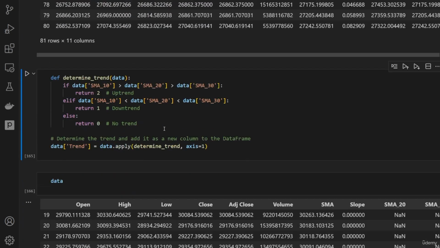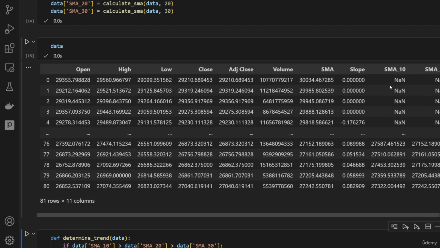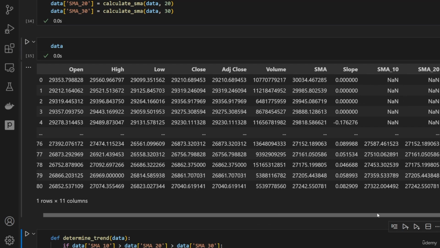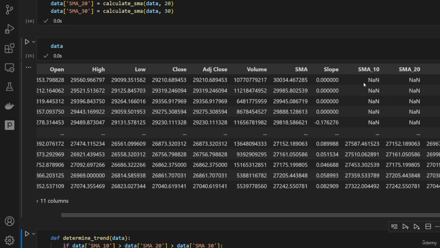Now we can continue and check the alignment. Remember that we need these to be aligned in a certain order. So whenever the fast moving average, which is the 10 length, is higher than the 20 moving average, the medium moving average, which is higher than the 30 moving average, we consider this as a slow moving average.